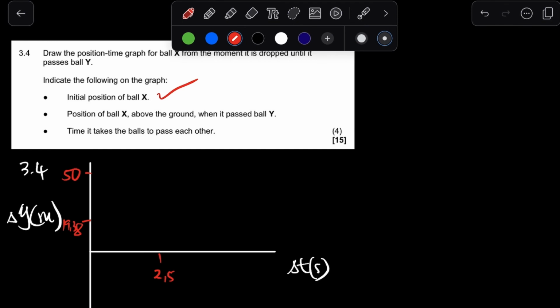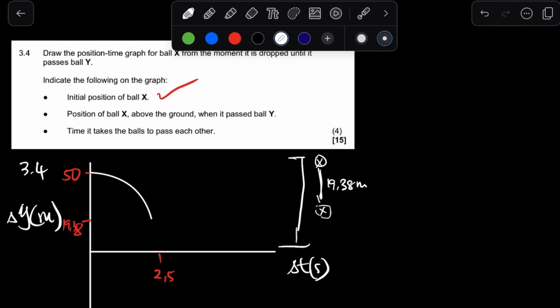All right, so from that 19.38, it covered the 19.38 from the height. Remember, ball X, they met there. So this distance where they pass each other with ball Y was 19.38. We just calculated it in 3.3. But it was coming from the height of a building.